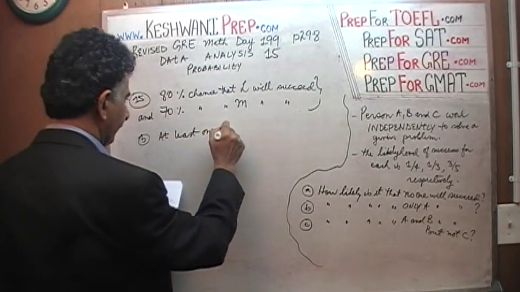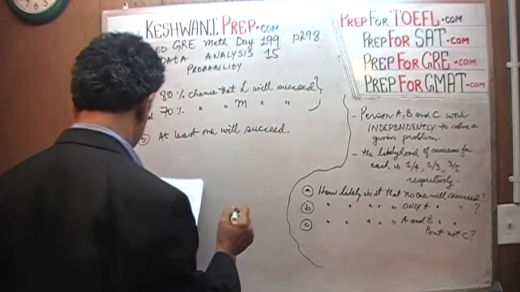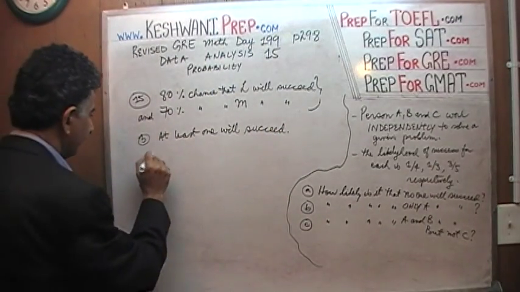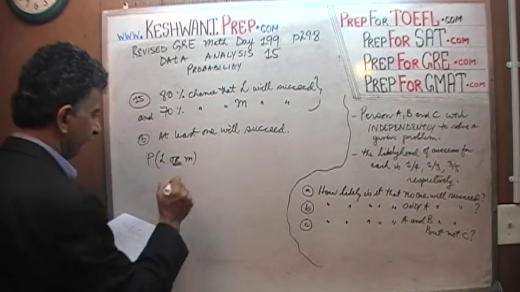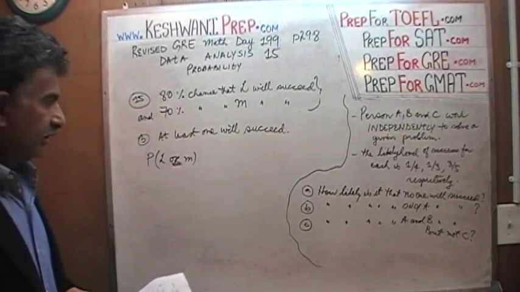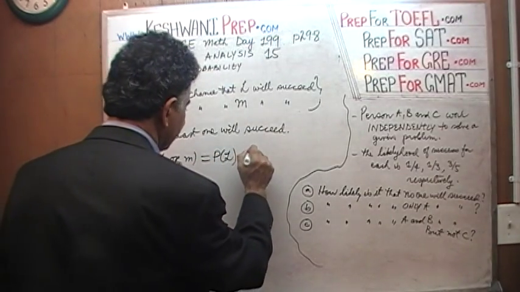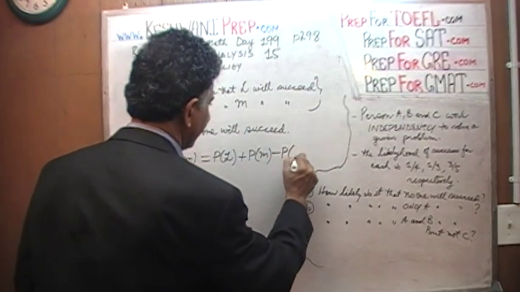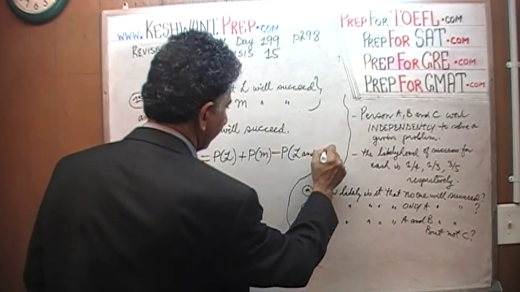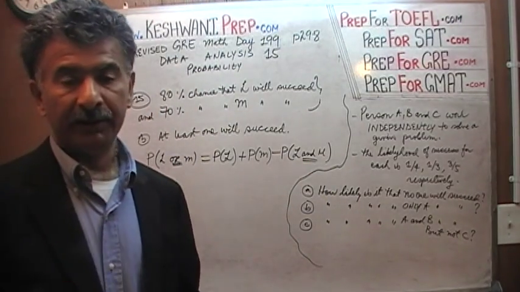At least one will succeed, which is the same as saying, what are the odds that either L or M will succeed? Which is simply the probability that L will succeed plus the probability that M will succeed minus the probability that L and M both succeed. If you want to think in terms of a Venn diagram, that is the overlapping area.